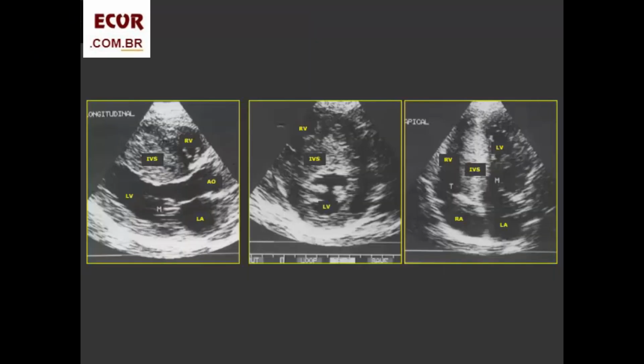In 2D echocardiography, we may encounter an amazingly thickened IVS, much more thickened than the posterior wall, and this difference will be noticed in short axis and all apical and subcostal views where the IVS is depicted. This is the main finding.